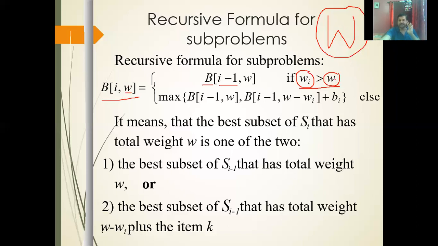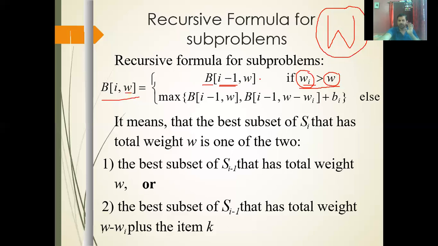If the weight of the ith item exceeds the current capacity of the knapsack, I cannot insert it. I should consider the benefit of the previously inserted items, that is B of i minus 1 comma w, which remains the same, correct?